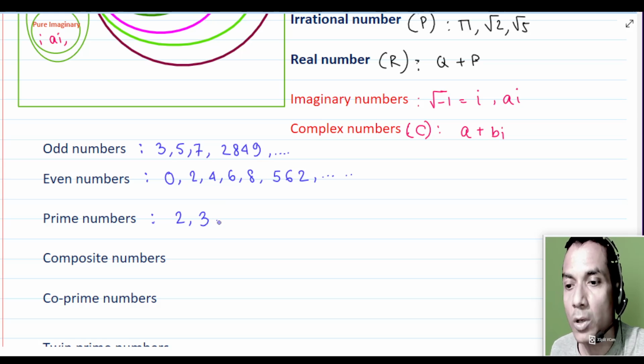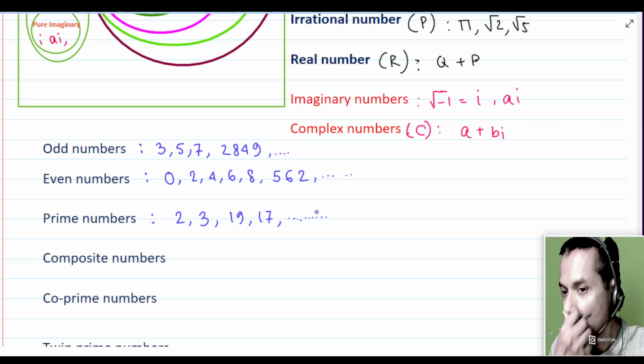That means only two factors are there. More examples are 19 and 17. You should remember the prime numbers from 1 to 100, and I made a short video on how easily you can remember them.